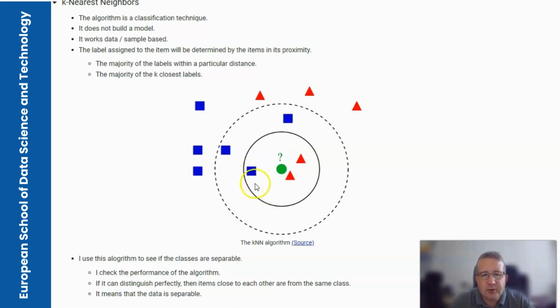And then we do a majority voting. Or we can say that we order the items in a proximity order and find the 5 closest ones, and then we do a majority voting. It depends on the implementation, let's say.